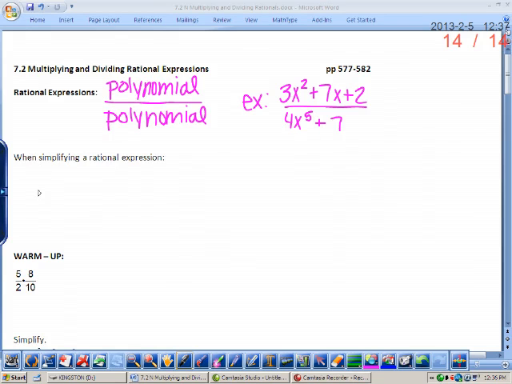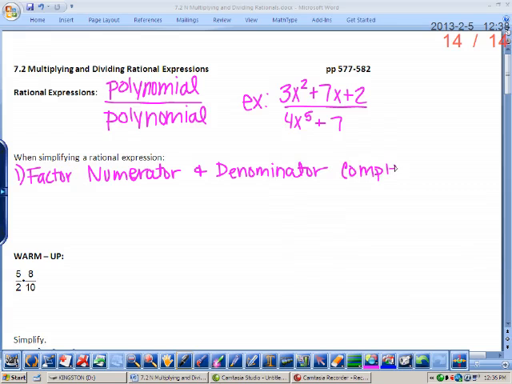When you want to simplify a rational expression, the first thing you're going to do is factor the numerator and denominator completely. So factoring is going to be an incredibly important part of this unit.